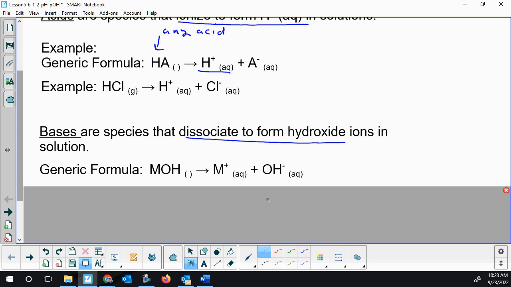That's why I wrote MOH as a generic formula. We're going to have a dissociation where the metal is just by itself. I wrote M+, but that M could be 2+ if it was a group 2 metal, and it'd be a +1 if it was a group 1 metal. The stoichiometry will change depending on the charge of the metal.